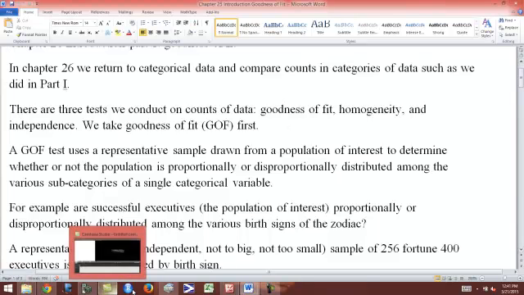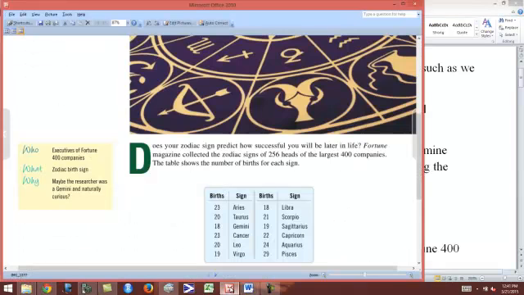For example, let's go back to the book here. Does it make a difference what your birth sign is on how successful you are? Are successful executives, the population of interest, proportionally or disproportionately distributed among the various birth signs of the zodiac? Does it make a difference whether or not you're born under a certain sign if you become successful later on in life?